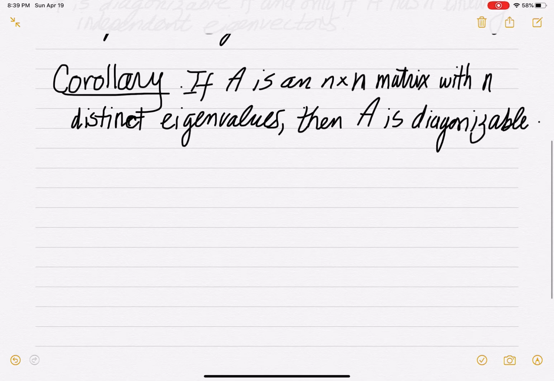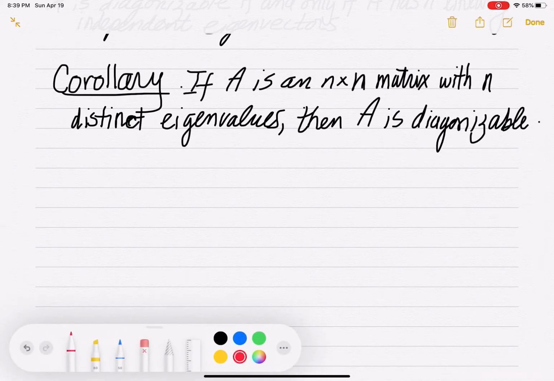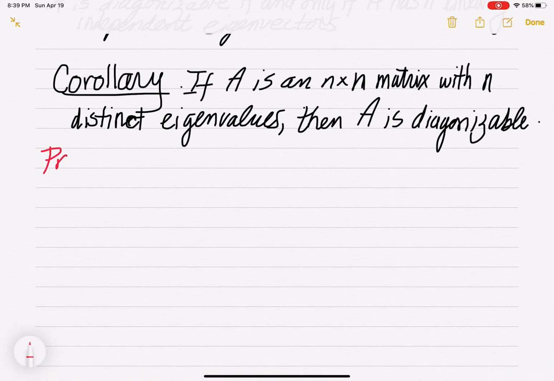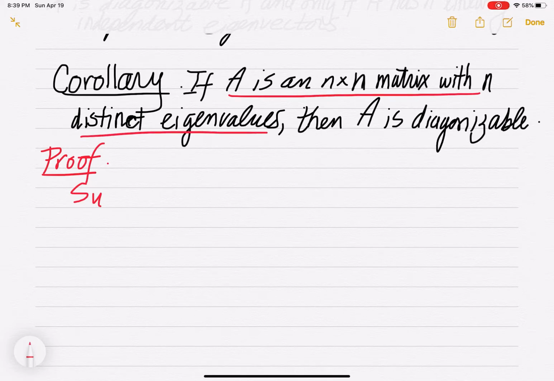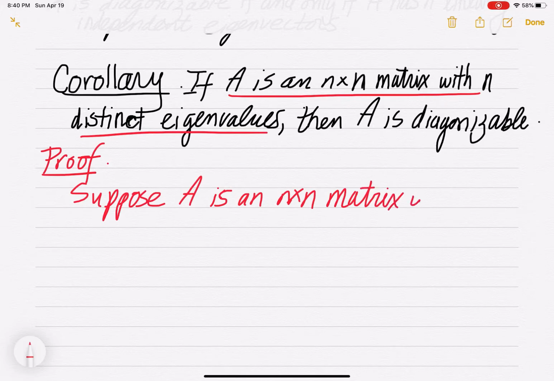Let's go ahead and prove this. Really easy proof. I told you this is a corollary. It depends on previous results. It's a proof, so we're going to assume the part after the if. Suppose A is an n by n matrix with n distinct eigenvalues.